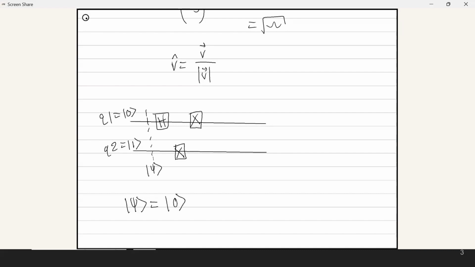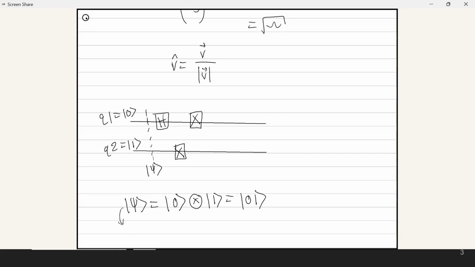So we can do 0, tensor product, 1. Does this make sense so far? At least a little bit. And then what people do for shorthand notation is they just smush them together like this. And you can do the same kind of thing.